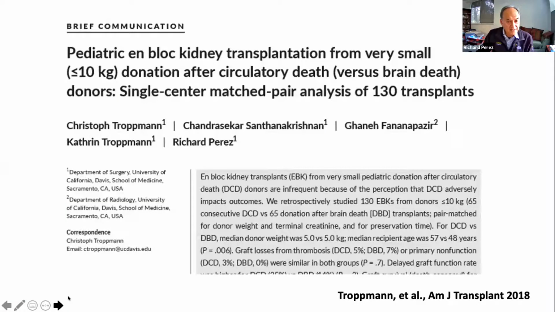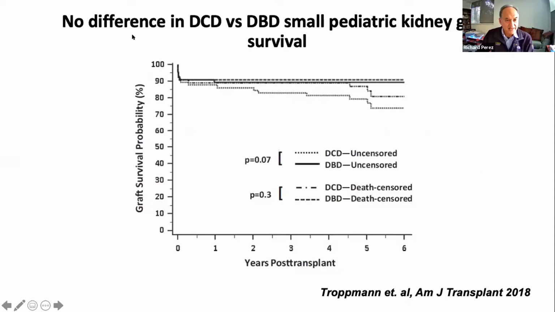And lastly, we did publish our DCD experience a couple years ago, where we looked at less than 10 kilo DCD donors. We had 65 of them compared to 65 brain death, and essentially no difference, brain death versus DCD, whether death censored or uncensored.